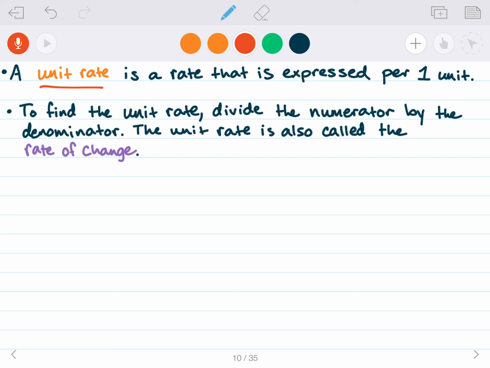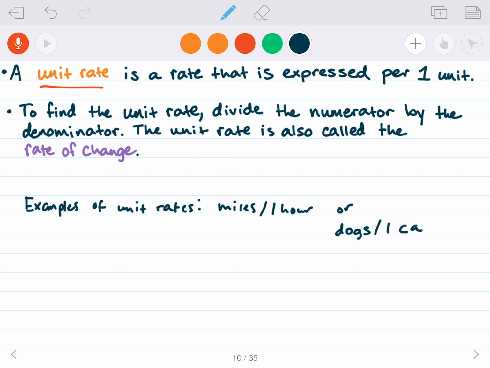For example, examples of unit rates: we could have miles per 1 hour, miles per hour, or, I don't know, dogs per 1 cat, and so forth. So the denominator has to have 1 unit in it. That's a unit rate.